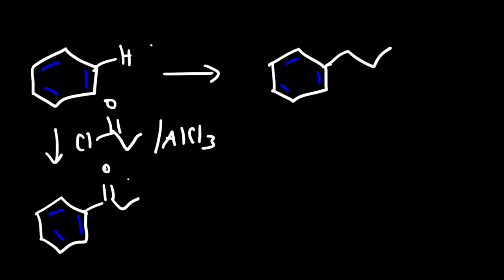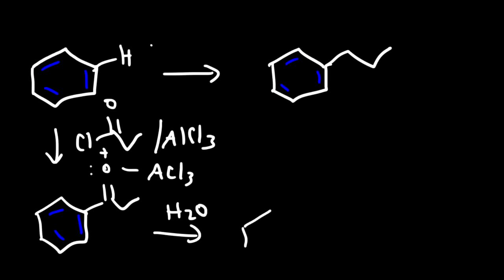Now, this ketone will complex with the aluminum chloride catalyst, and we're going to get something like this at the end of this reaction. So to get rid of this catalyst, we need to add water. So water is going to get rid of the aluminum atom from bonding to the oxygen. And so that's going to give us the ketone.